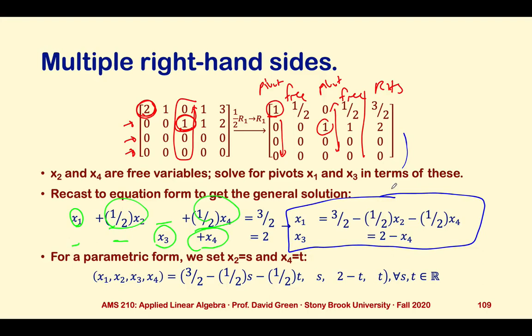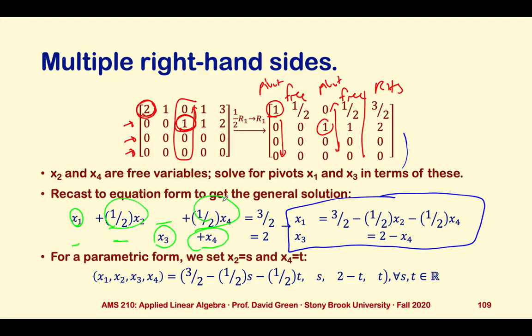What can our free variables be? x2 and x4, our free variables, can take on any number. No matter what we put as x2 and x4, we can come up with an x1, x3 that will make this system satisfied. Again, we often recast this in a parametric form.